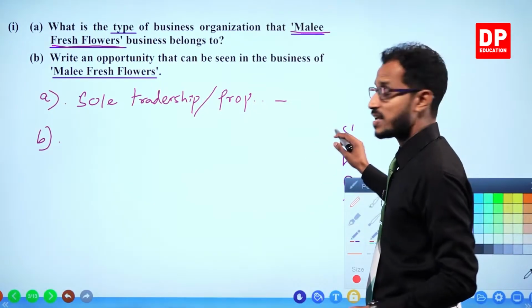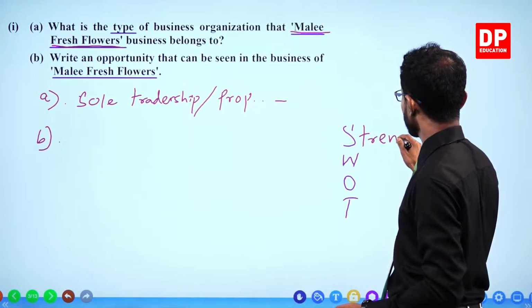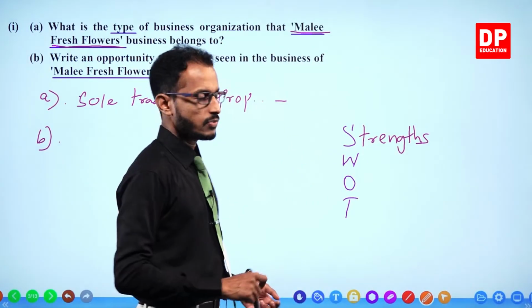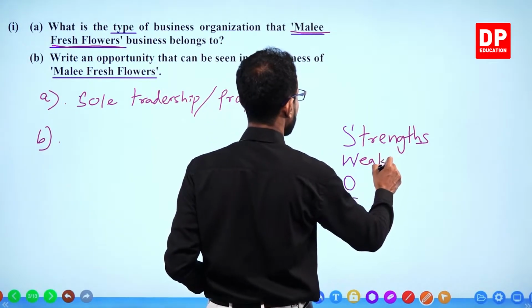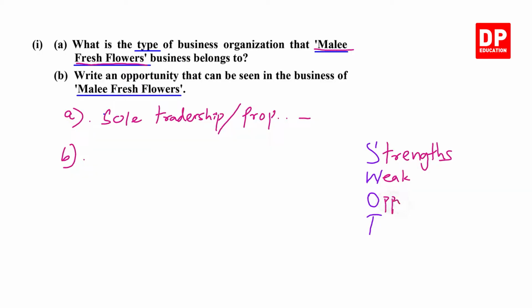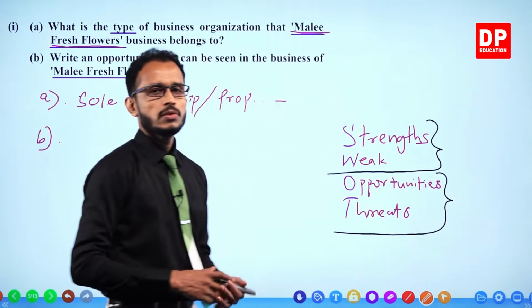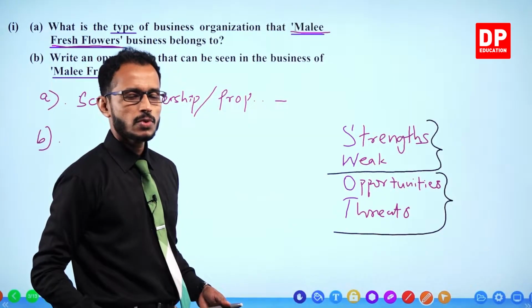Yes, very good. S stands for strengths. W stands for weaknesses. O, opportunities. T, threats. Now tell me, strengths and weaknesses exist in which environment? Internal environment.